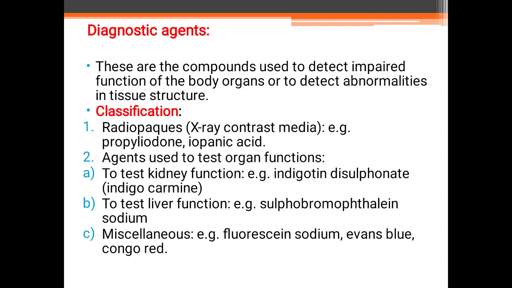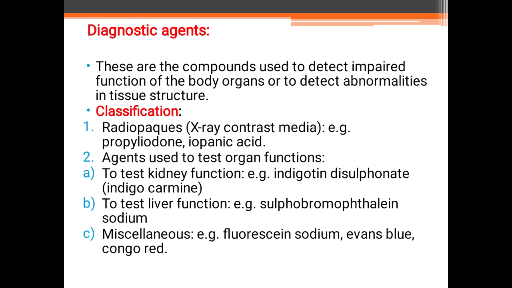This is classified into three types, or many other types are also there. So first is to test the kidney function, for example indigotin disulfonate or indigo carmine. To test the liver function, for example sulfobromophthalein sodium, and miscellaneous like fluorescein sodium, Evans blue, Congo red, etc.